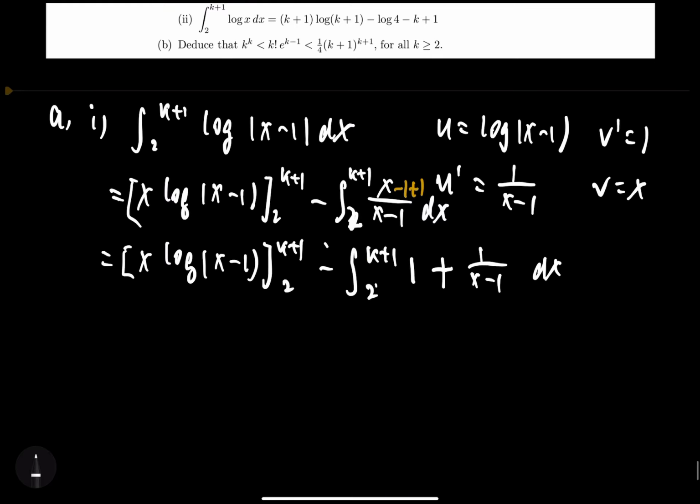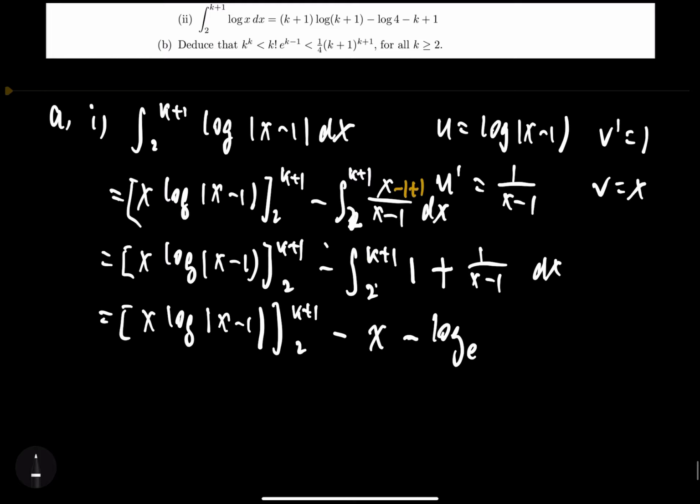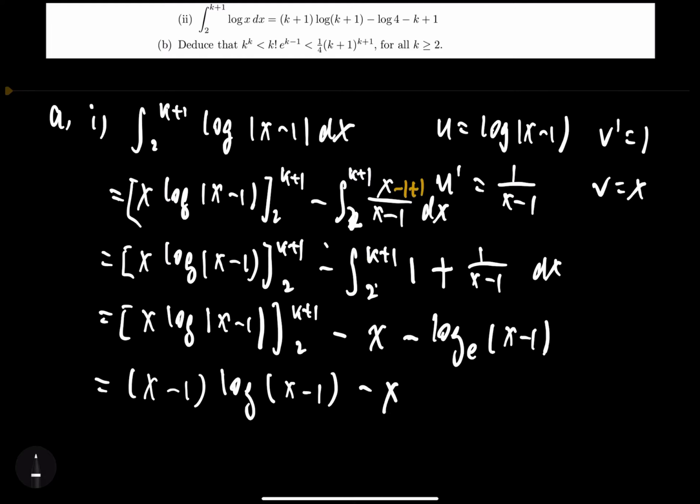And then we can integrate. So that is x plus log base e of x minus 1. Then I'm going to tally them up, and it becomes x minus 1 log(x minus 1) minus x.